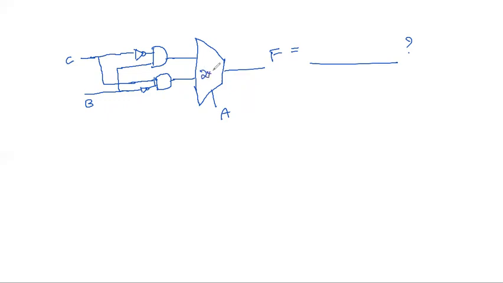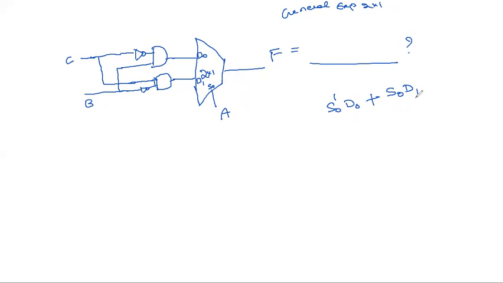This is a 2 by 1 multiplexer, right? This is S naught, this is D naught, D1, right? What is the general expression of 2 by 1? S naught bar D naught plus S naught D1, right?